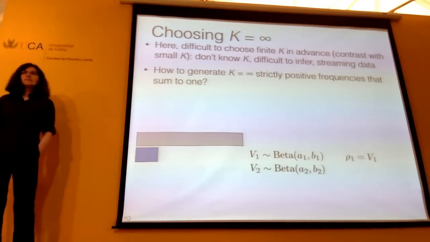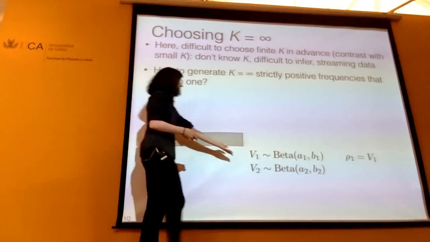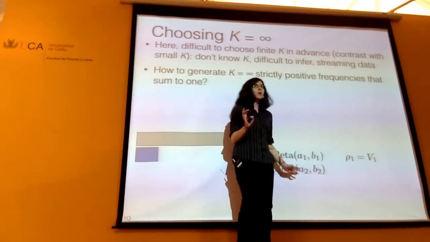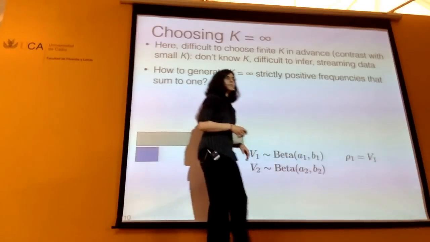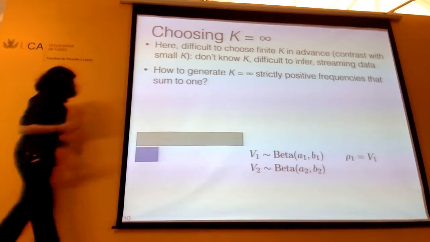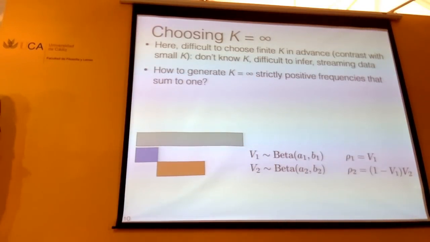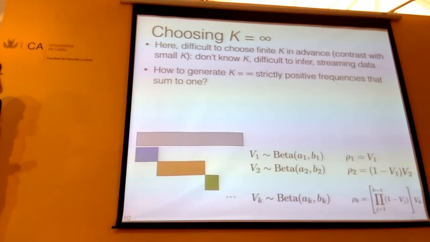And I can do this again. I can say, oh, I've got another beta random variable. Again, for the moment, I'm just going to put in some arbitrary parameters. But it's going to be some number between 0 and 1, and so I can break it off again. And I can just keep doing this. And no one can stop me.